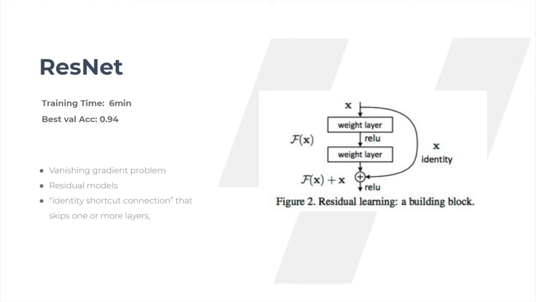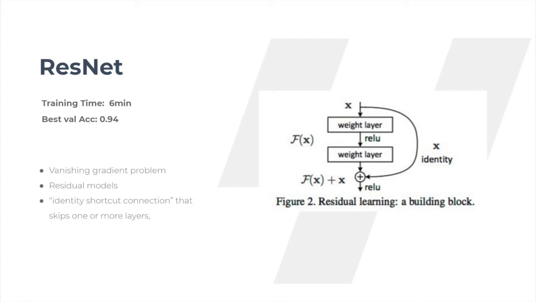The second model we use is ResNet. It allows training of deep networks by constructing the network through modules called residual modules, as shown in the figure. Deep networks are hard to train because of the vanishing gradient problem. As the gradient is backpropagated to earlier layers, repeated multiplication may make the gradient infinitely small.